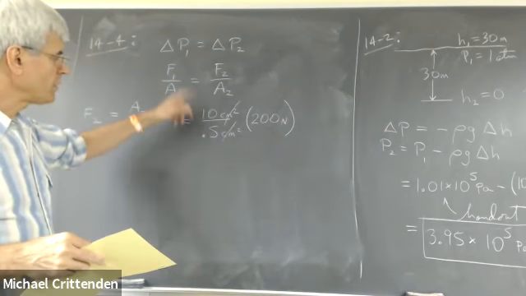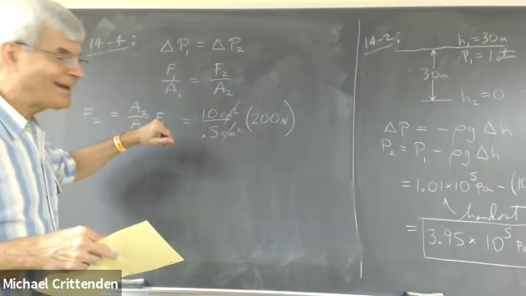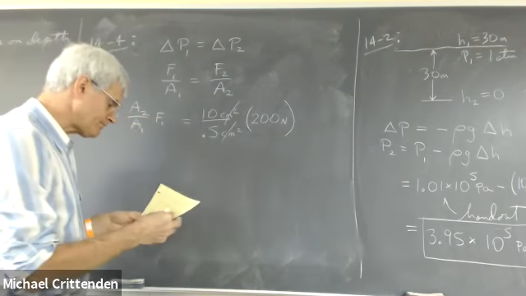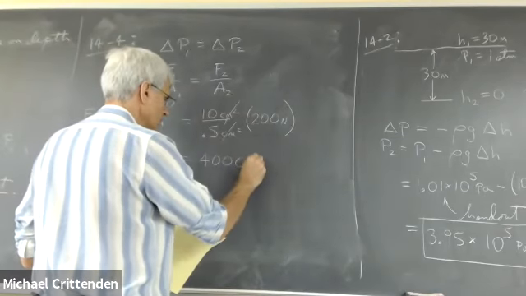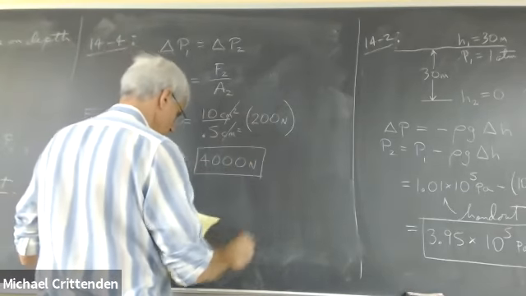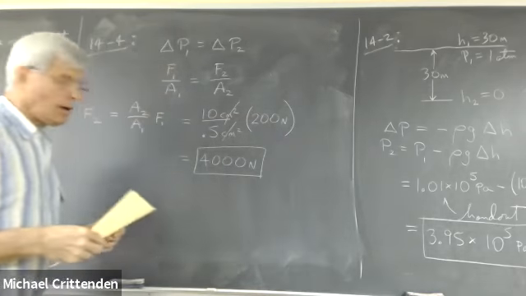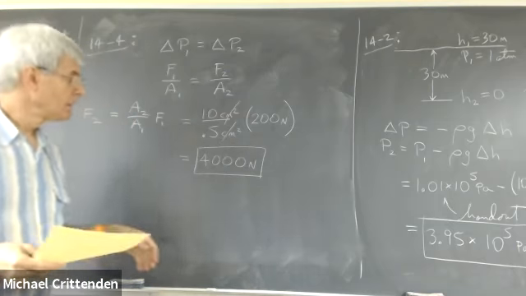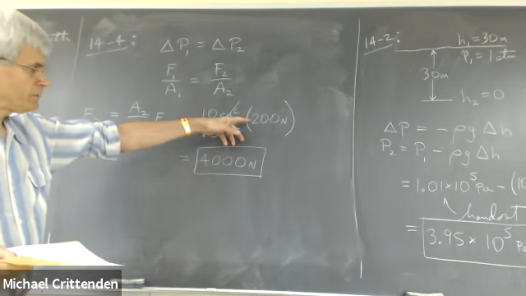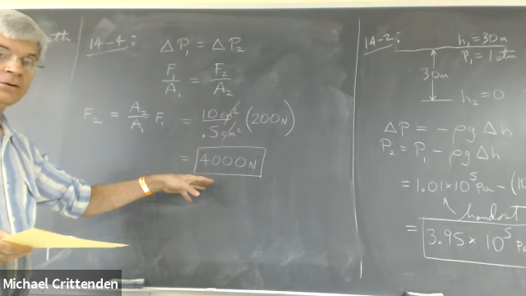It's a 20-to-1 ratio, that's going to be the same in any system of units. This might seem like you're getting something for nothing. You put in 200 newtons and you get out 4,000 newtons.